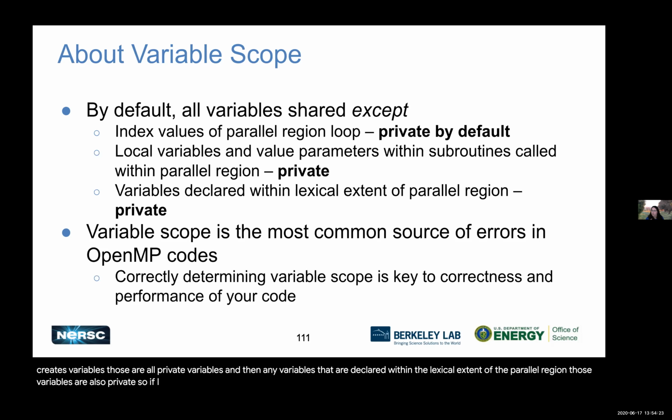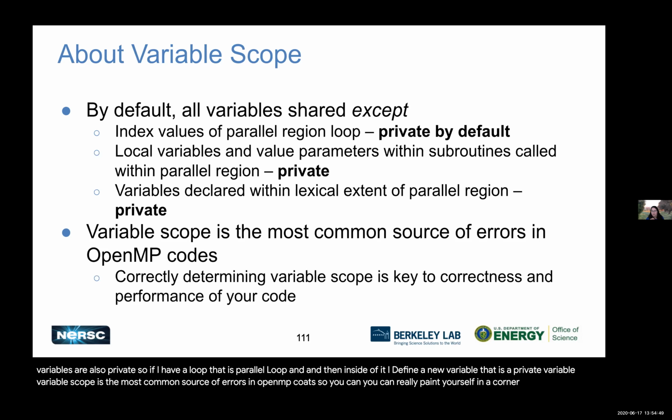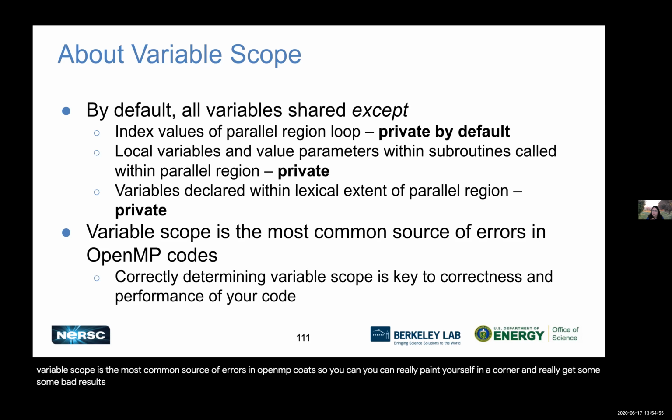So if I have a parallel loop, and then inside of it I define a new variable, that is a private variable. Variable scope is the most common source of errors in OpenMP codes. You can really paint yourself into a corner and get really bad results that are insidious and hard to find if you don't have your variable scope correct.